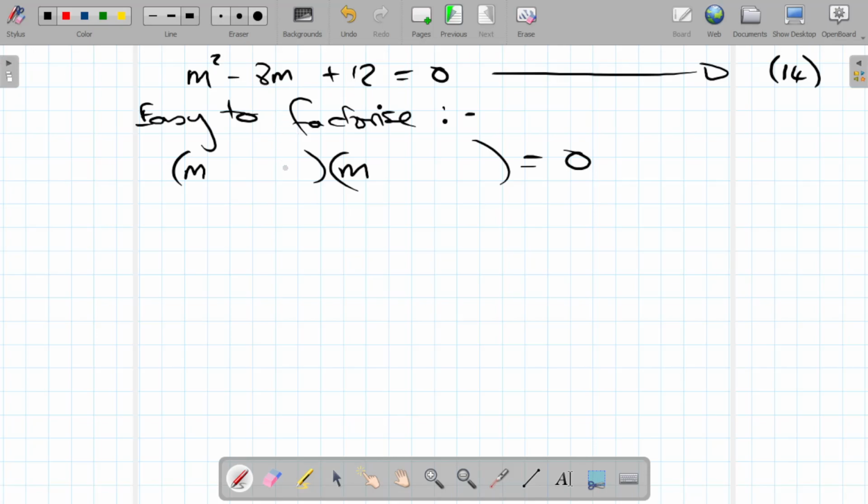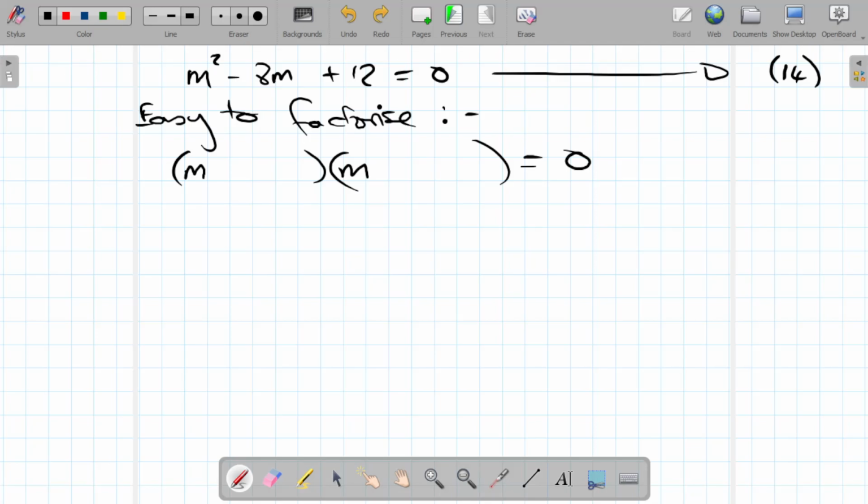So we can't have 2 and 6, or rather, 2 sixes are 12. Oh, actually, we can. I'm stepping ahead of myself. What I wanted to say was we can't have 1 and 12 because the sum of 12 and 1 is not minus 8.